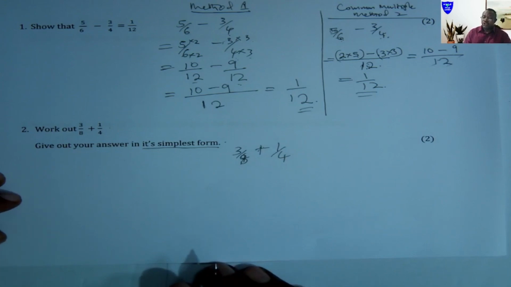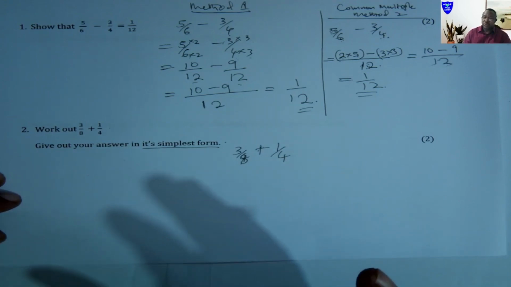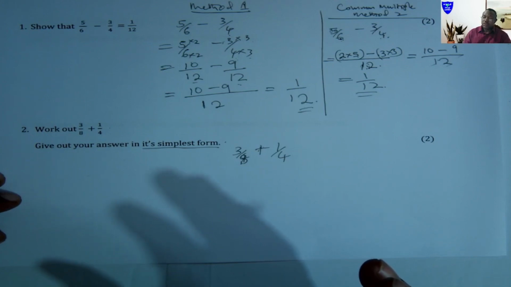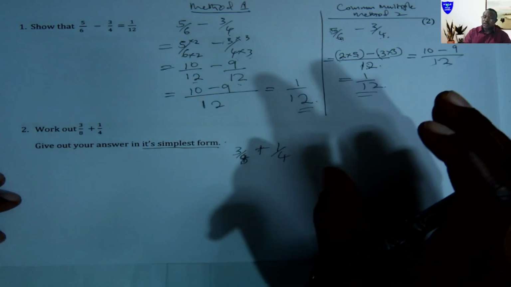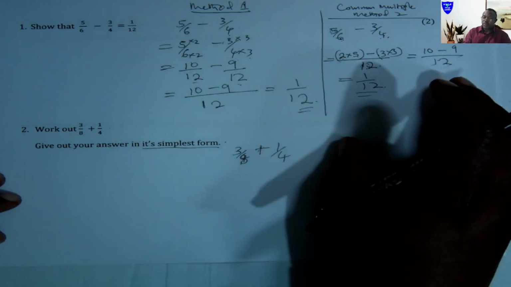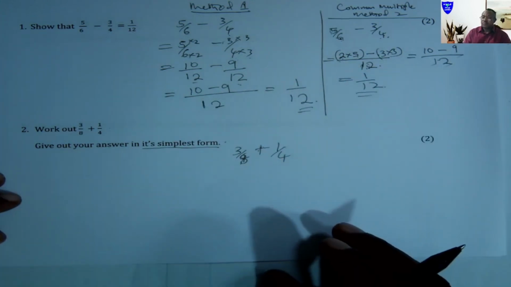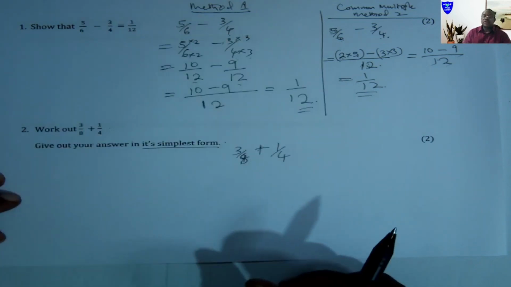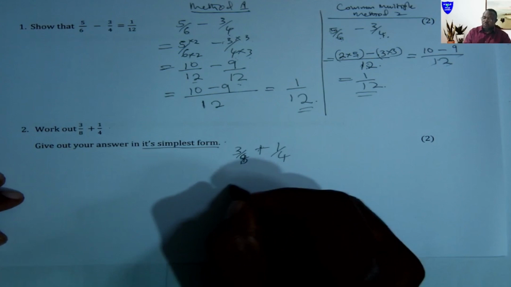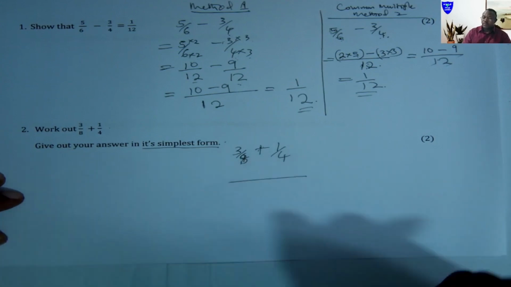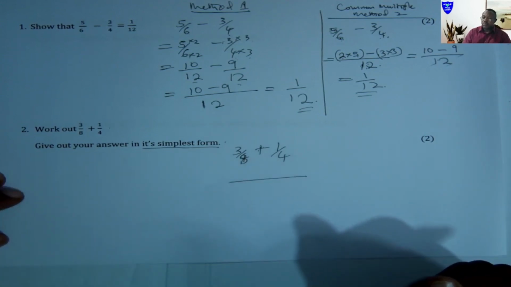I am going to use the multiple method, guys, in this question, but if you like, you can use the multiplication method. So I'm simply going to draw a line there.